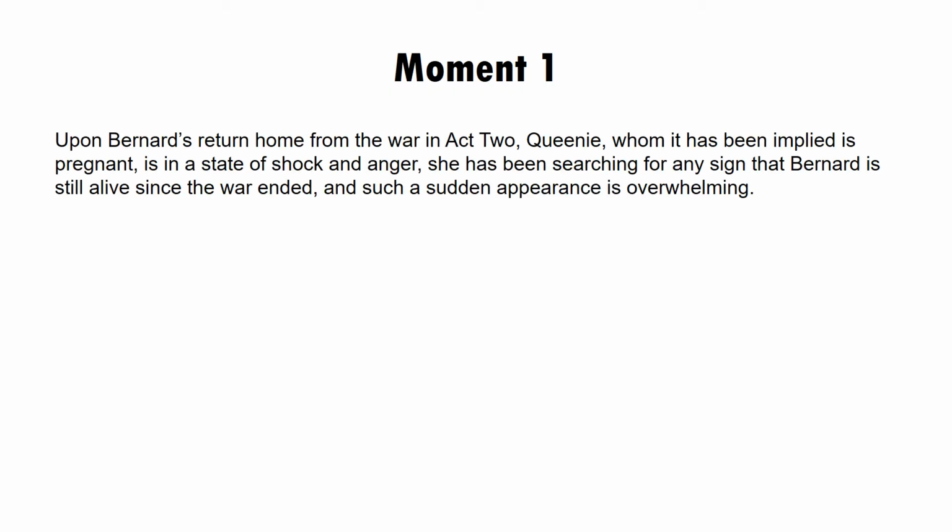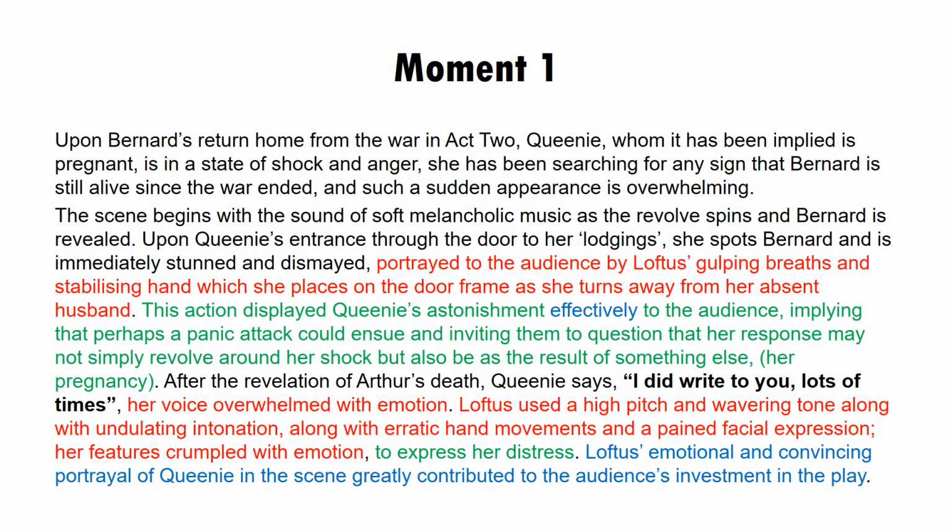Upon Bernard's return home from the war in Act 2, Queenie, whom it has been implied is pregnant, is in a state of shock and anger. She has been searching for any sign that Bernard is still alive since the war ended, and such a sudden reappearance is overwhelming. The scene begins with the sound of soft melancholic music as the revolve spins and Bernard is revealed.